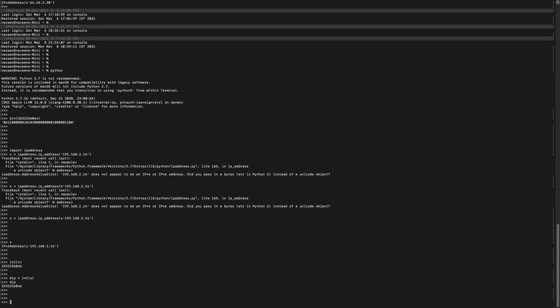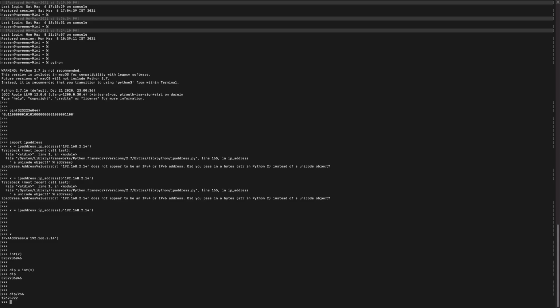How many times does this number go if you divide by 256? What is the remainder? This one is the remainder. Sorry, coefficient, not remainder.